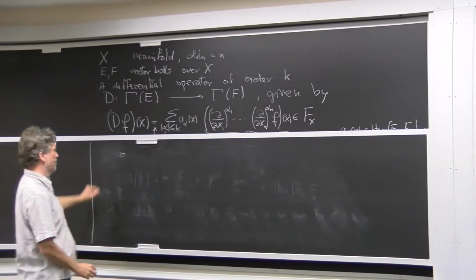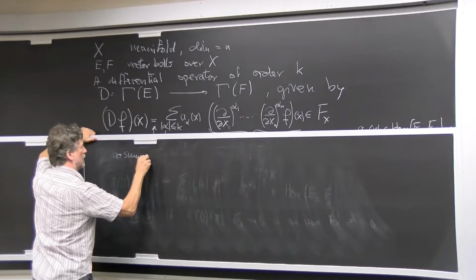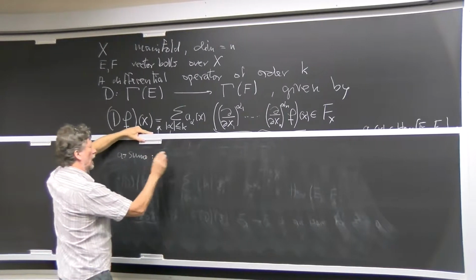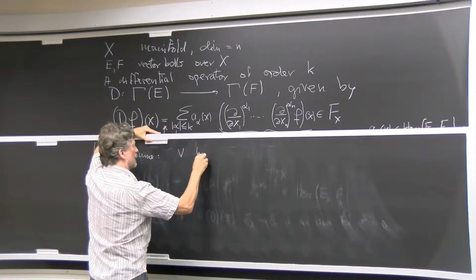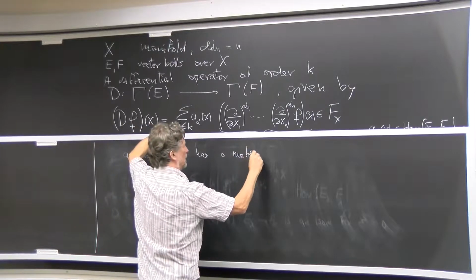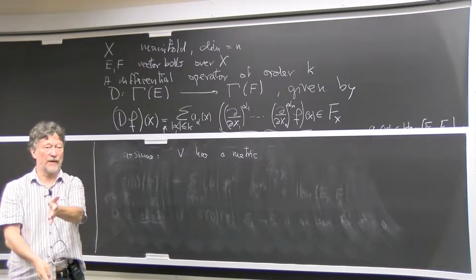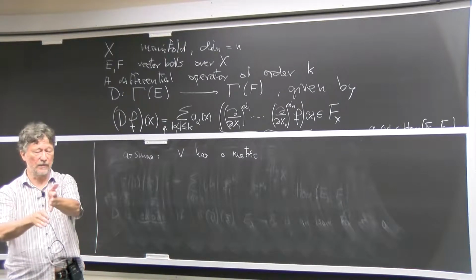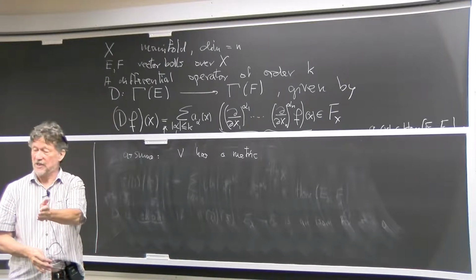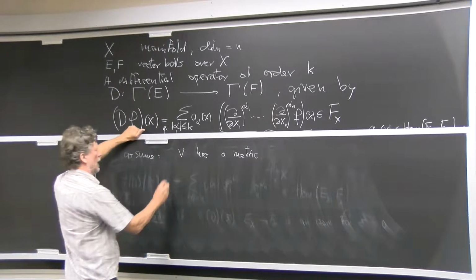So let's assume that this vector bundle V we are talking about comes equipped with a metric. By that I mean I have a fiber-wise inner product on it, depending smoothly or continuously on the base point. So if this were the tangent bundle, that would be a Riemannian metric on the underlying manifold.